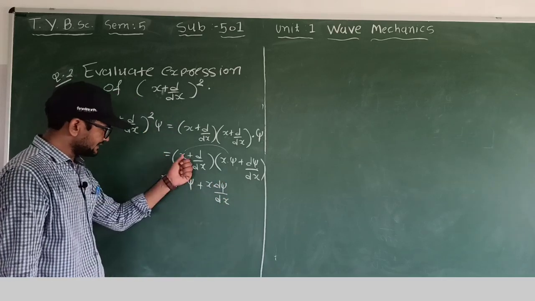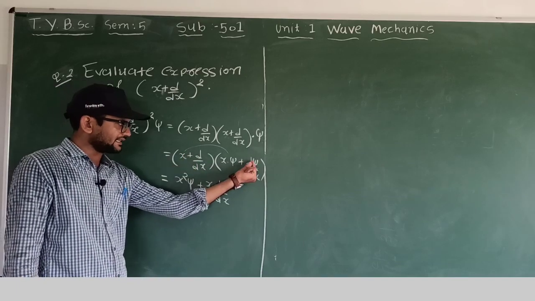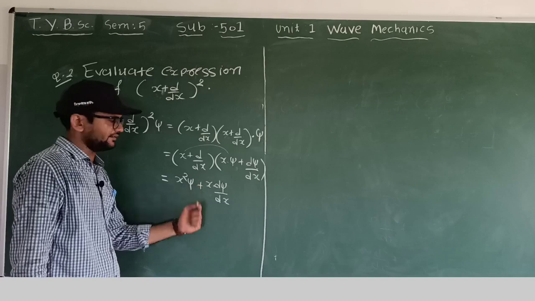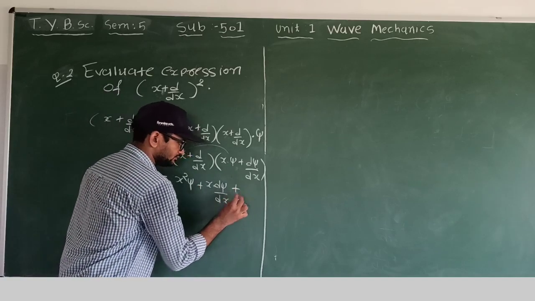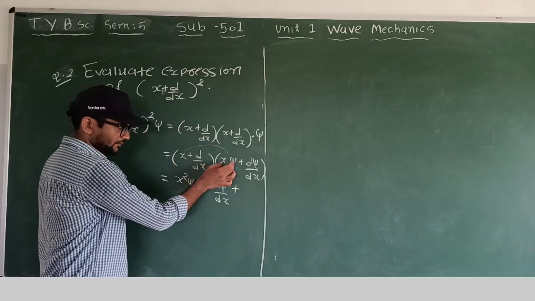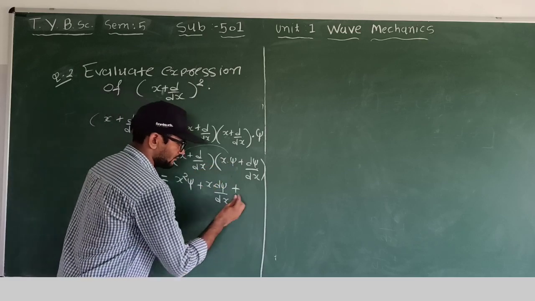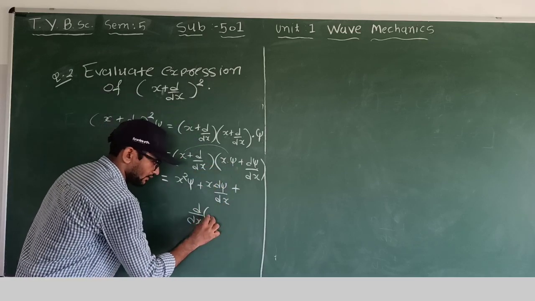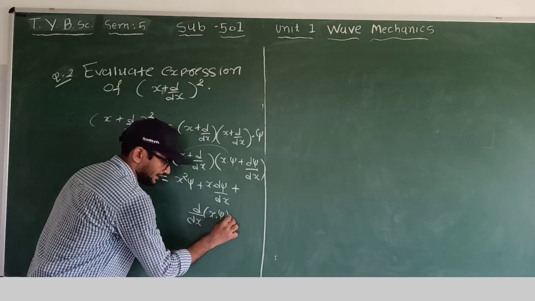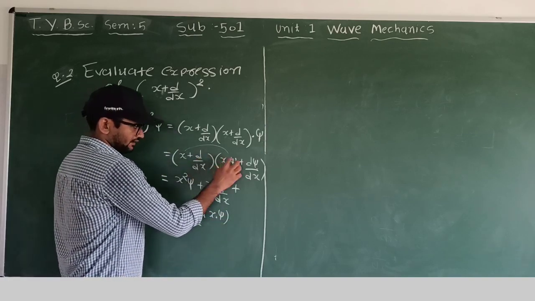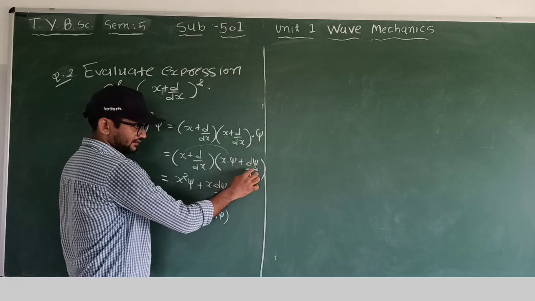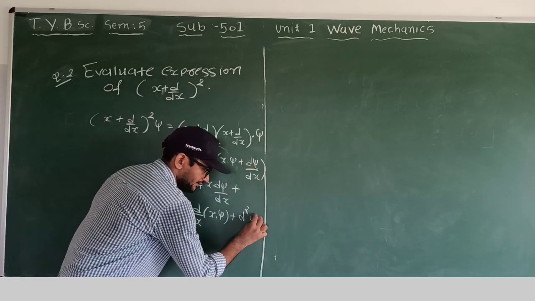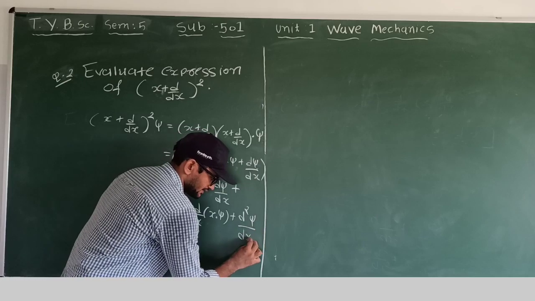Now x is on the left hand side with respect to d sin/dx, so always write x on the left hand side. Plus d/dx of x into sin, and last one plus d/dx into d sin/dx, that is plus d square sin/dx square.